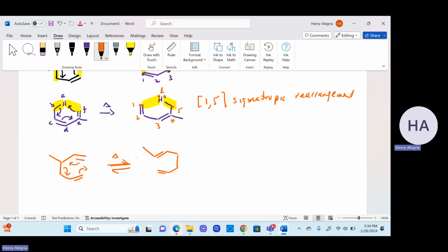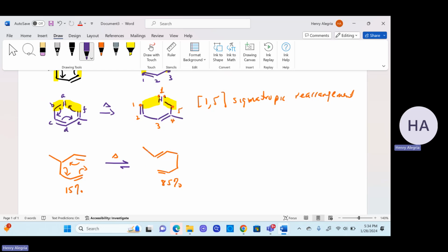An interesting question here is which side is favored? So what you find here is that at equilibrium, you have 15% of this and 85% of that. So clearly, the forward direction is favored, so I should more accurately write it like that, because that forward direction is the one that is favored.